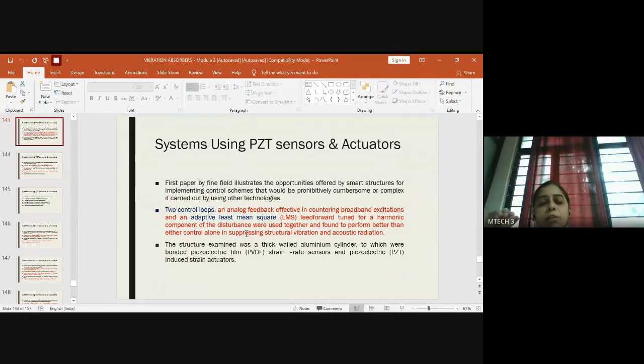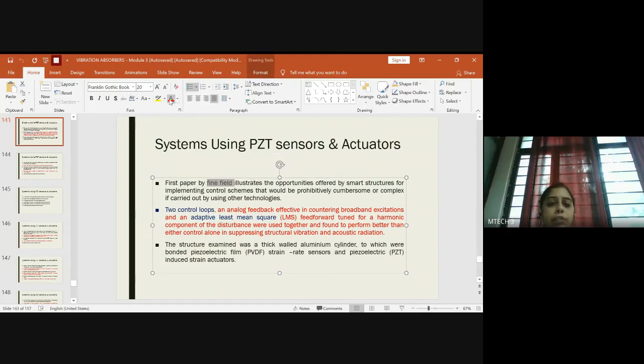Based on that also there'll be some bifurcation in the type of smart structure we actually develop. With this background, you can say that the first paper related to smart structures was illustrated by Finefield. He was the first person, in the 1990s, who gave an illustration of how a smart structure could be implemented. It could be implemented with various control schemes.